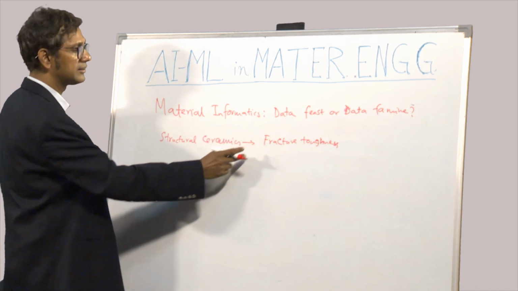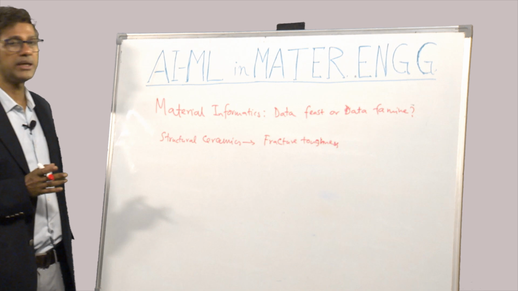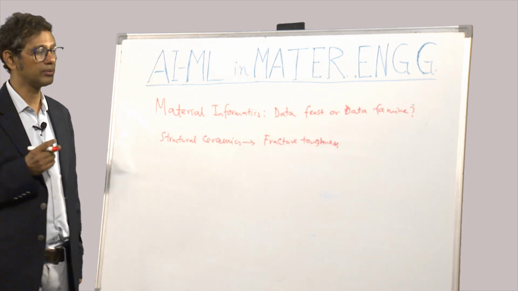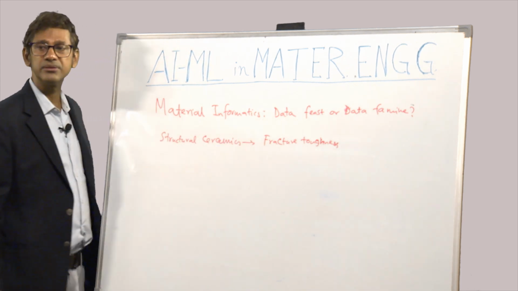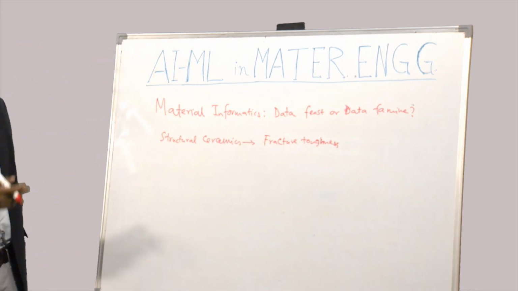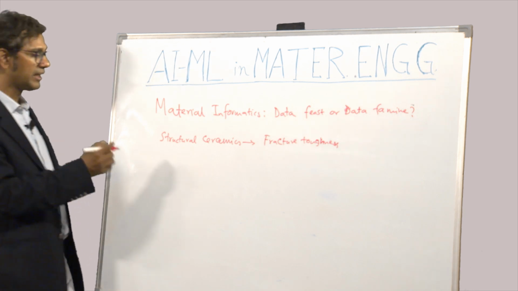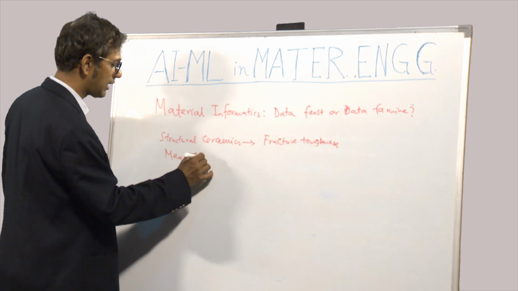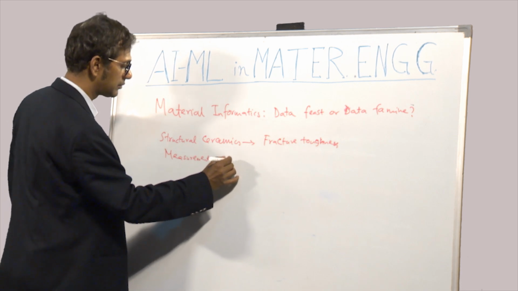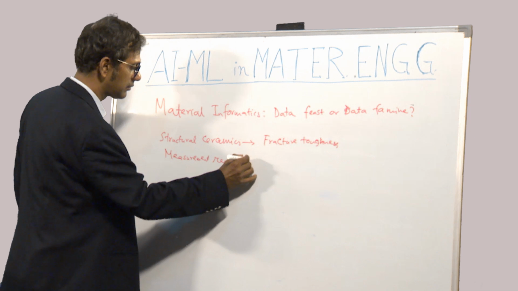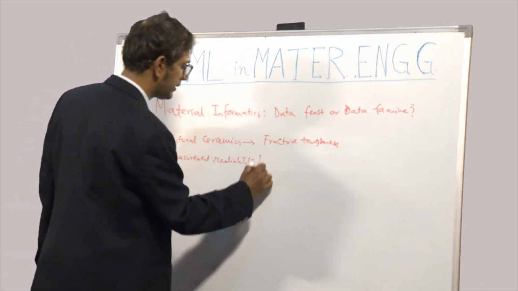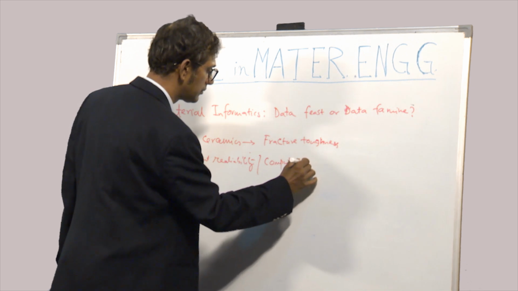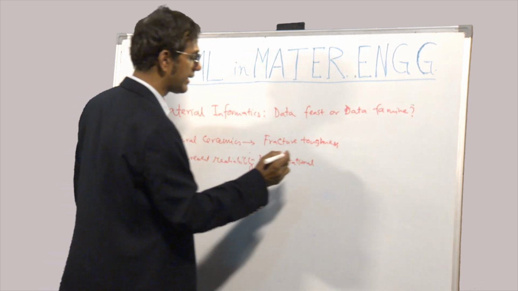So, therefore, here you cannot actually get a large amount of data, and you cannot calculate the fracture toughness easily using computational tools either. Reliability is a big problem there. So, measurement reliability as well as computational reliability are both a challenge, even to get 5 or 10 data points.